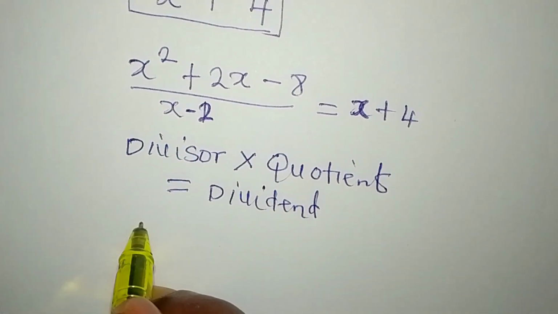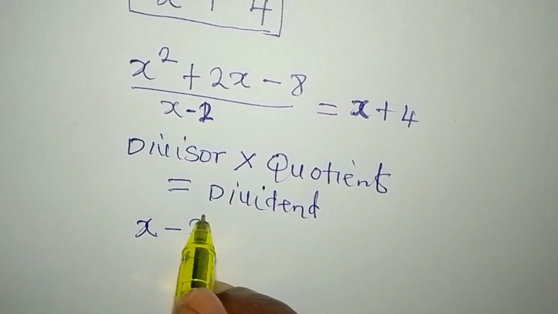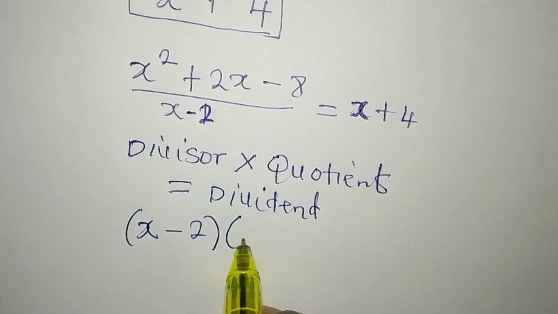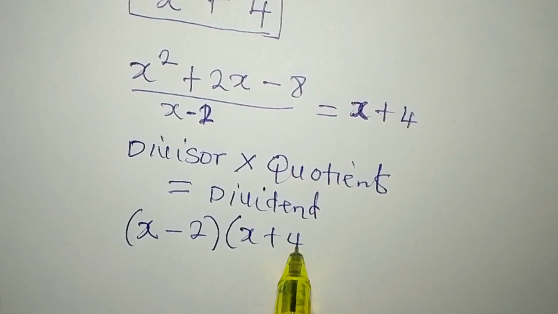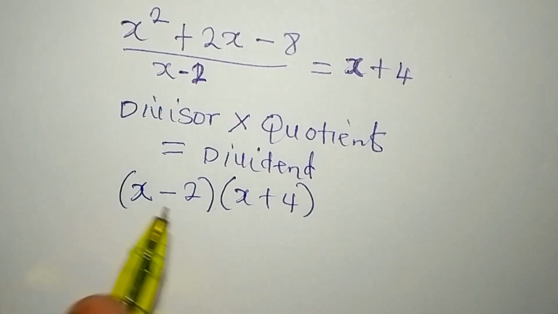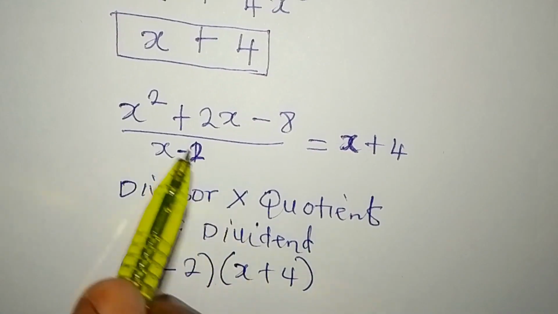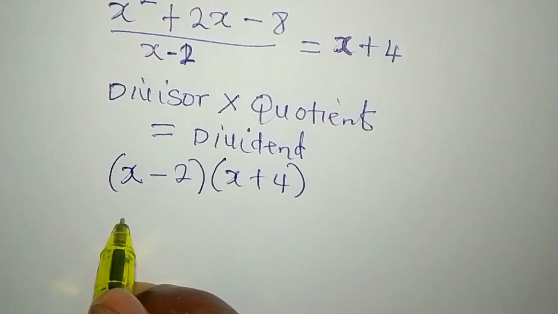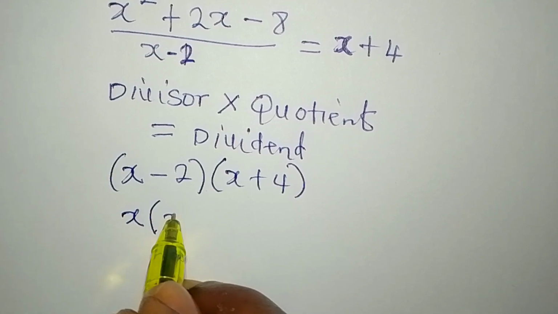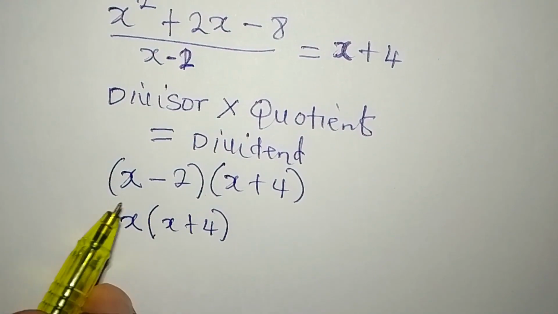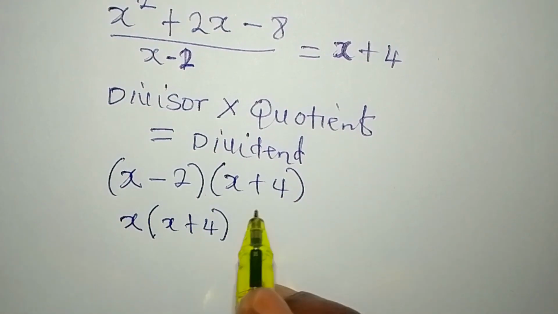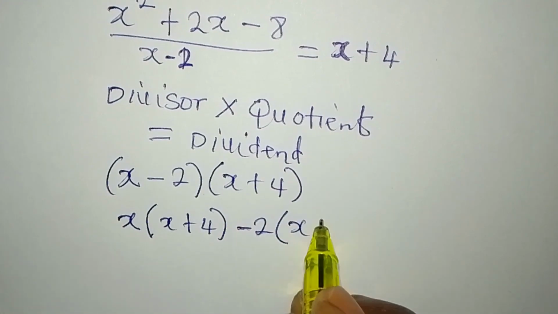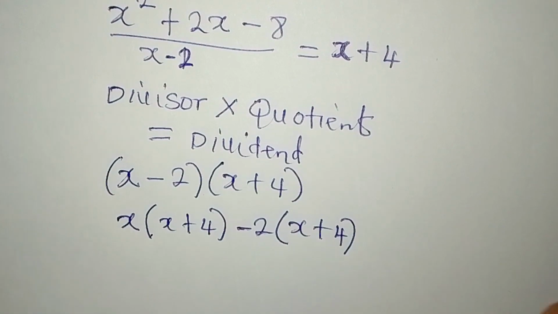Now, let's multiply that. x minus 2, the divisor, multiplied by the quotient, which is x plus 4. Let's see what this will give us. If it does not give us the dividend, then we are not correct. So x multiplies the whole of x plus 4, then minus 2 will multiply the whole of x plus 4 as well.